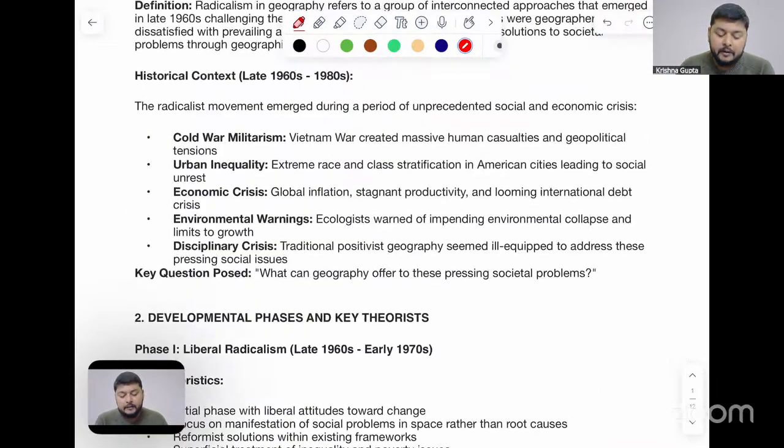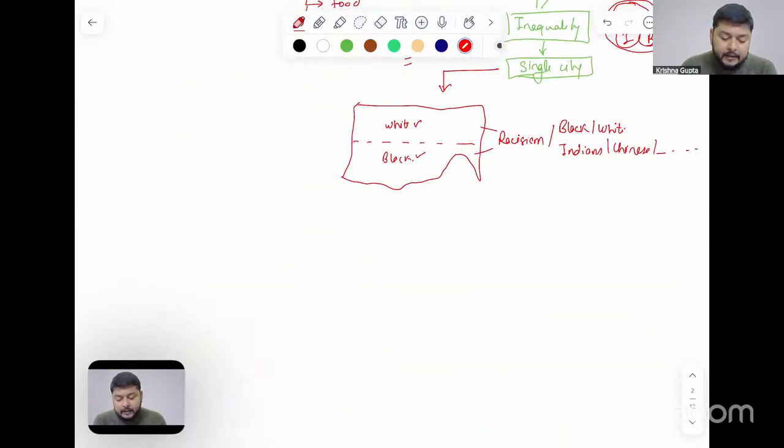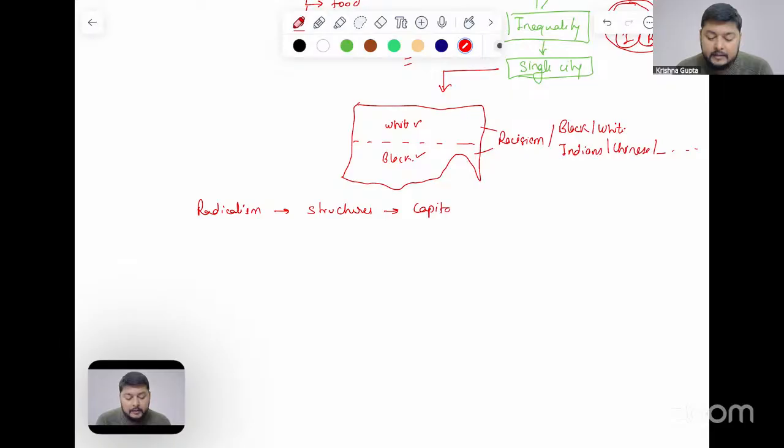So what was the main issue highlighted by radicalism? That there is the presence of certain structures. If there is a person who has accumulation of capital, he has built a structure of capitalism. If there is a political structure, a particular community has built it.